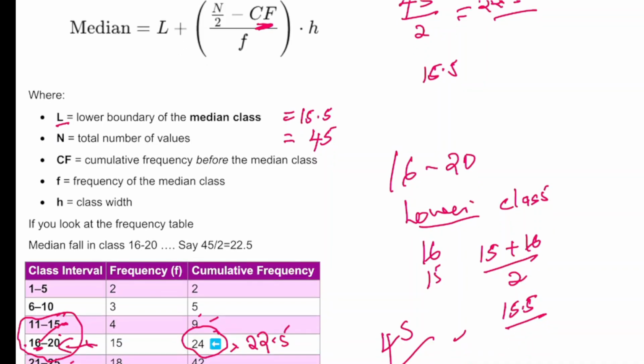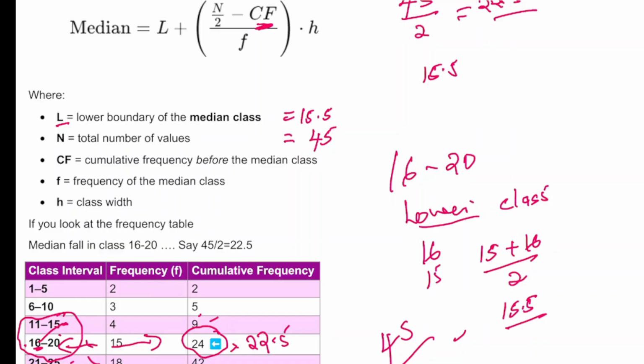Normally, it is this 9. If the class you are looking at is this, then what is the cumulative frequency before that class? The preceding one, before the median class.